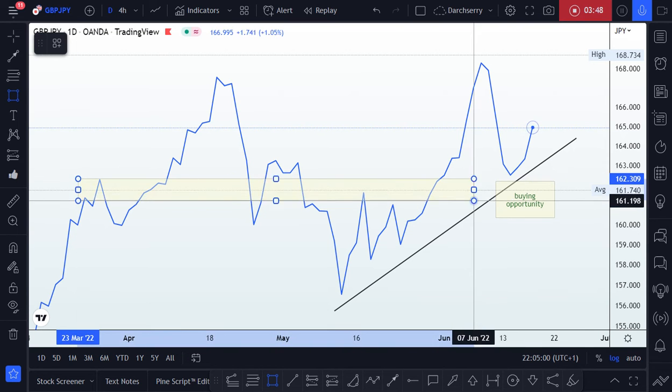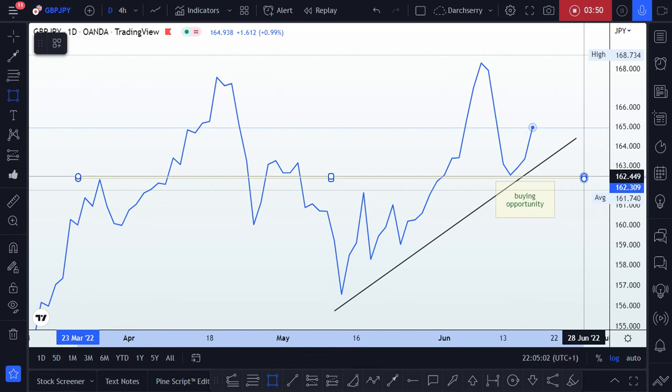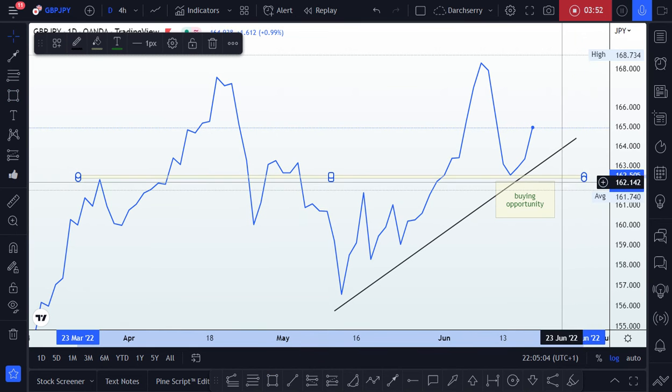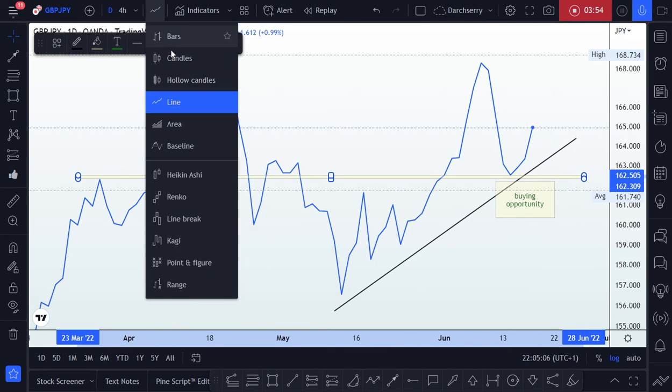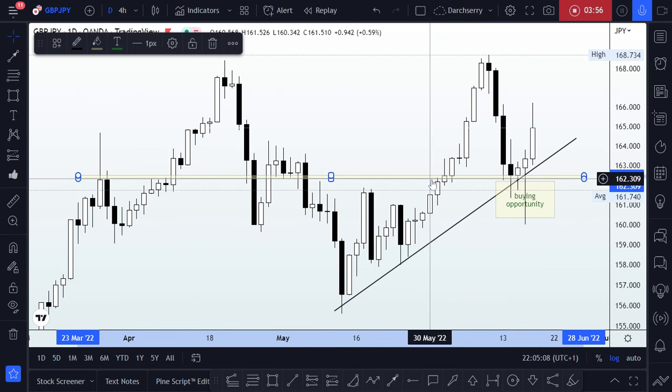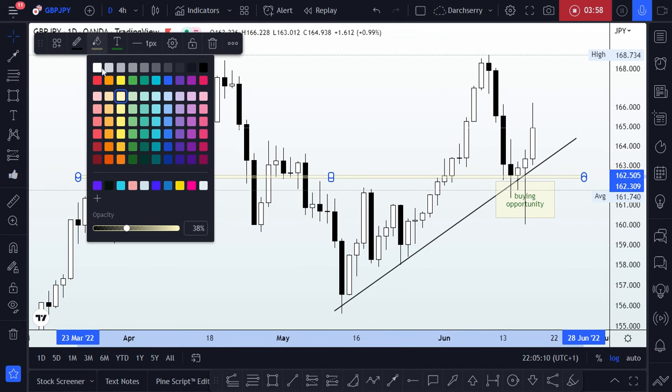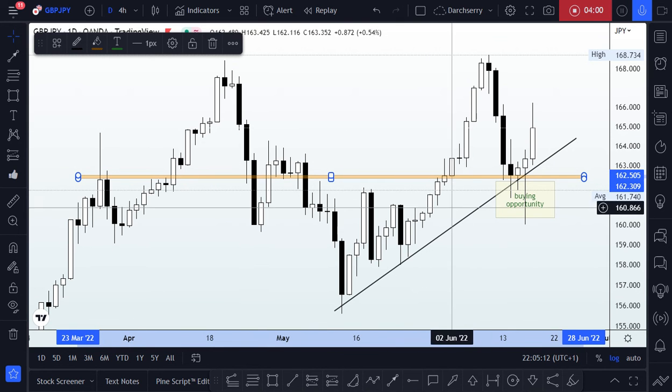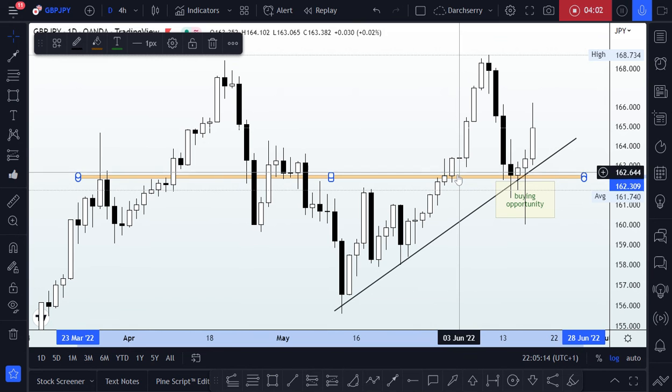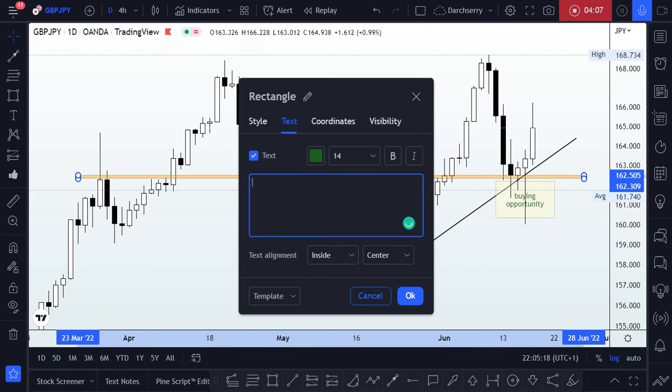I think 162.5 will be our major key level as we head into the new week. So give me a moment to give this a gold color, and we'll label it. I think 162.5 will be most appropriate. Key level at 162.500.